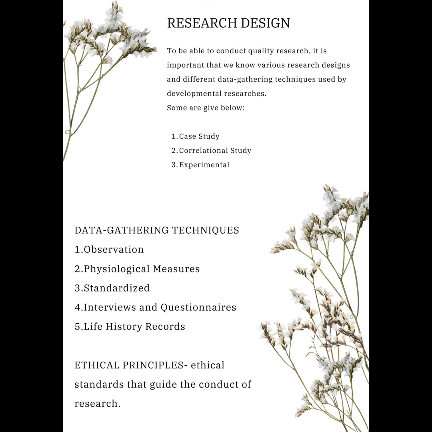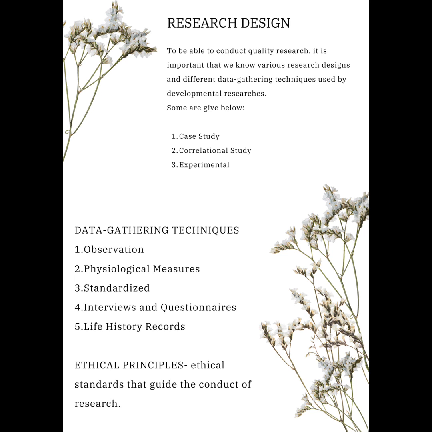First, observation. Observations can be made in either laboratories or natural settings. Second, physiological measures. Certain indicators of children's development, such as heart rate, hormonal levels, bone growth, body weight, and brain activity, are measured. Third, standardized tests.